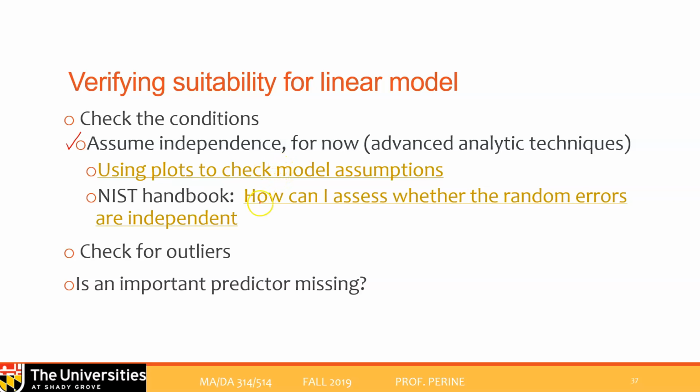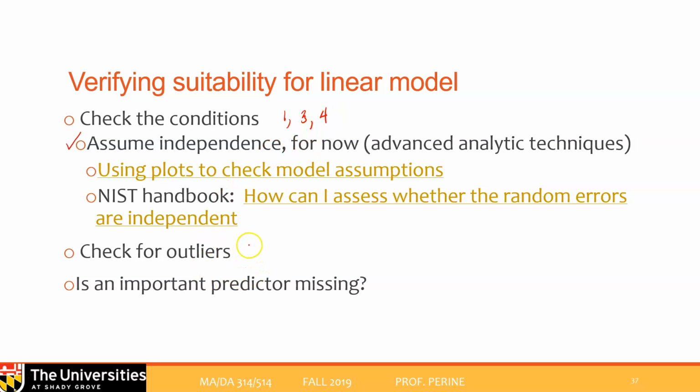If they don't, I'll give you the links as well. You can see some of the advanced analytic techniques for looking at independence. For us now, we're looking at condition 1, which is linearity, 3, which is normality, and 4, which is having an equal or constant variance. Those are the ones that we're going to be checking.